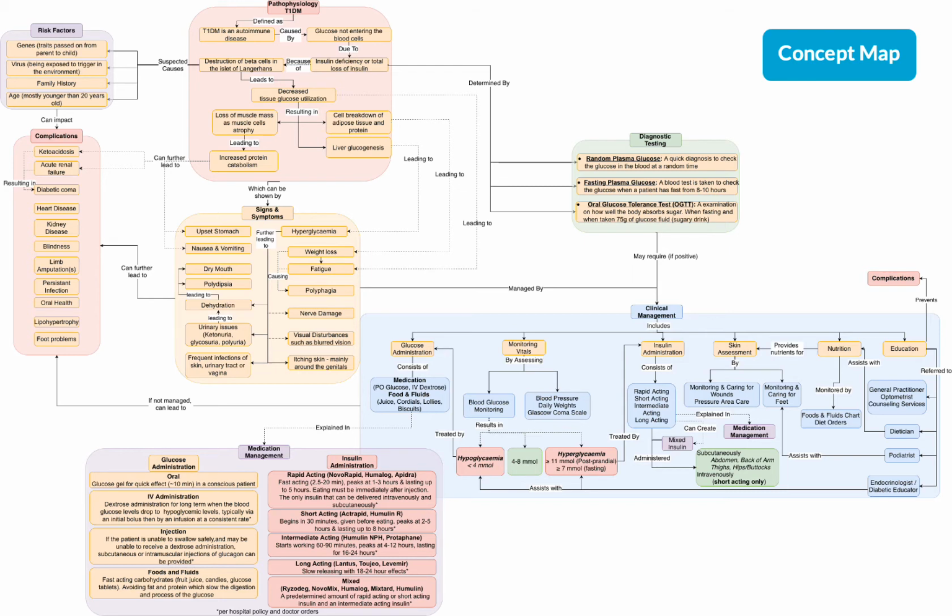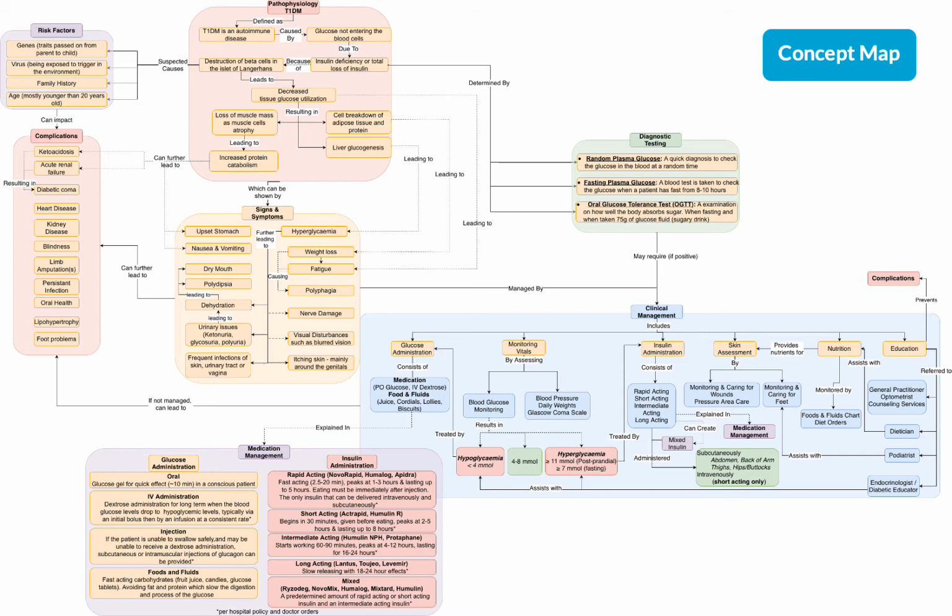And it peaks at about 2 to 5 hours, so it hits its maximum, and then it lasts up to about 8 hours. And then we also have the intermediate acting, which is the Humulin NPH. That starts working at about 60 to 90 minutes after injection. It hits its maximum at about 4 to 12 hours, and it lasts for about 16 to 24 hours within the body.